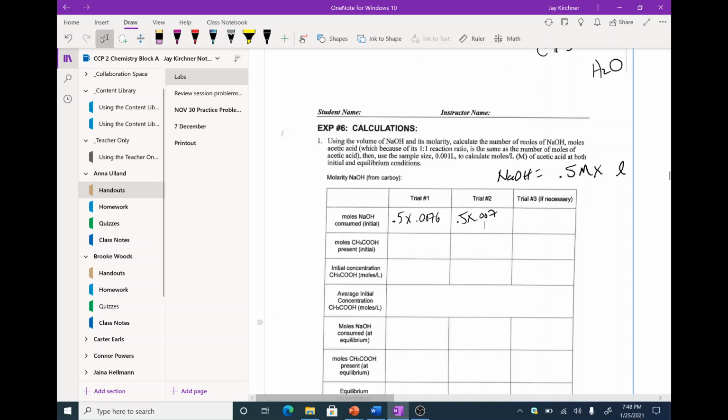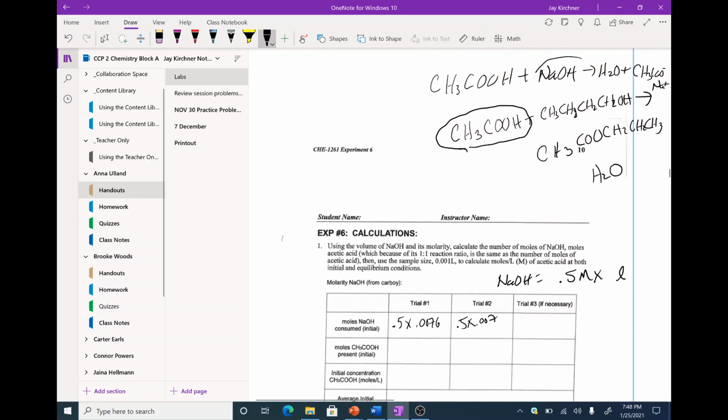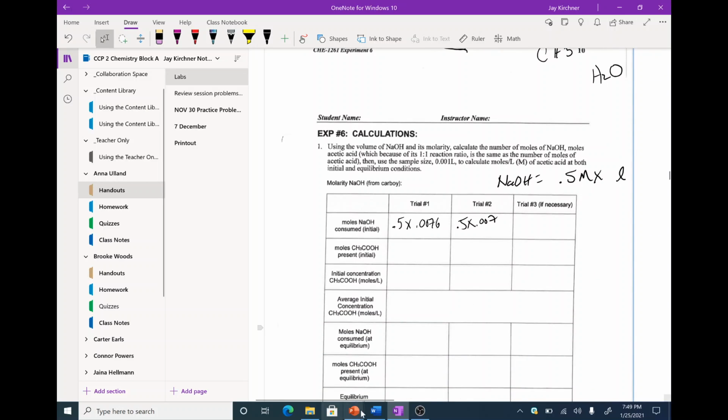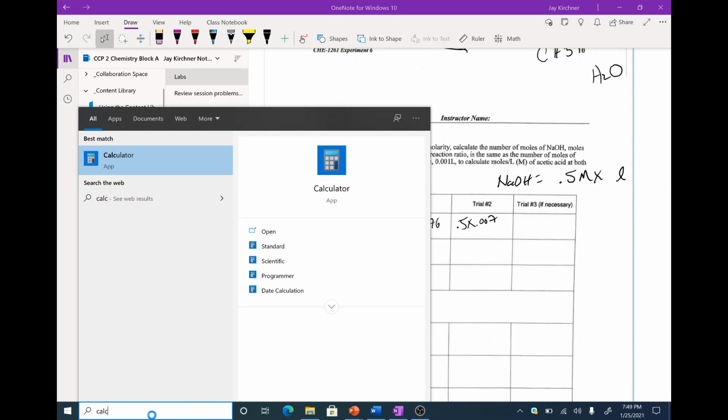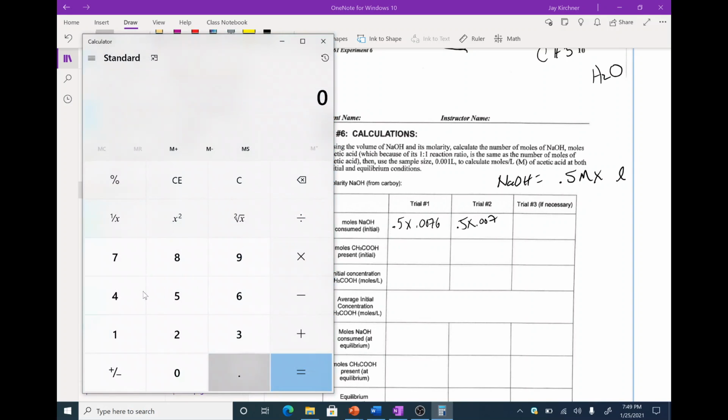Whatever number of moles we get is also the number of moles of acid we had. For every mole of base we add into this, we have exactly 1 mole of acid. Okay, so let's do this calculation real quick. 0.5 times 0.0076 equals 0.0038.